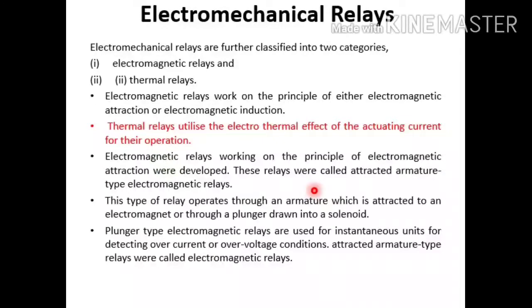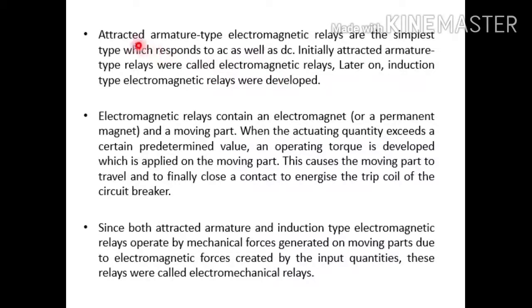The thermal relay utilizes the electrothermal effect of the actuating current for their operation. Now, the attracted armature type electromagnetic relays are the simplest type, which responds to AC as well as DC. Initially, the attracted armature type relays were called as electromagnetic relays. Later on, induction type electromagnetic relays were developed.